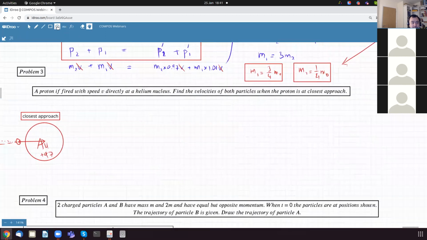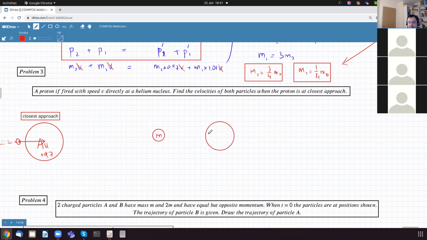You have a proton with mass m. What would the mass of a helium nucleus be? Somebody help me. If the mass of the proton is m, yeah, 4m, absolutely.